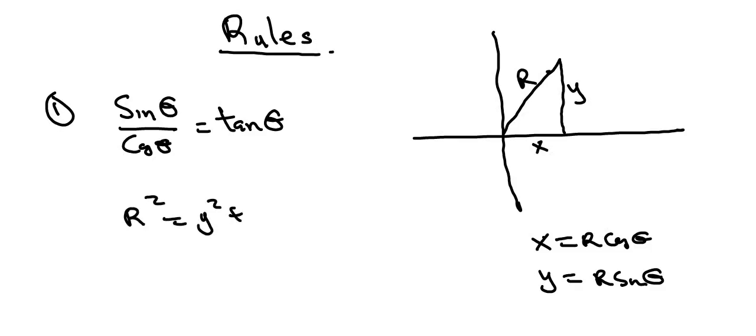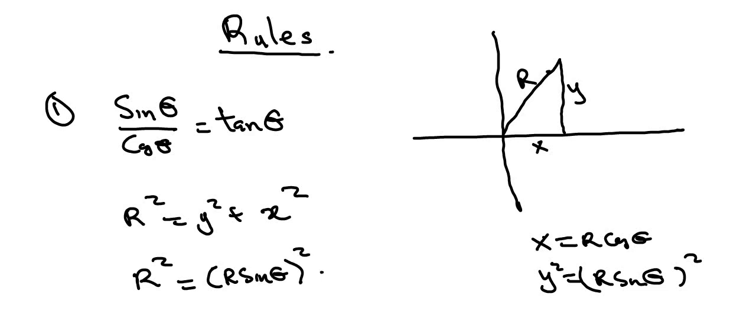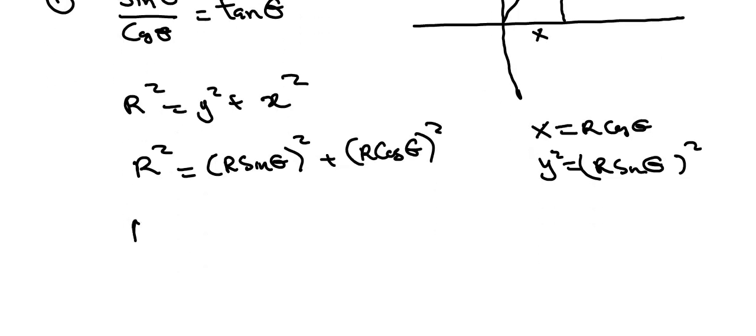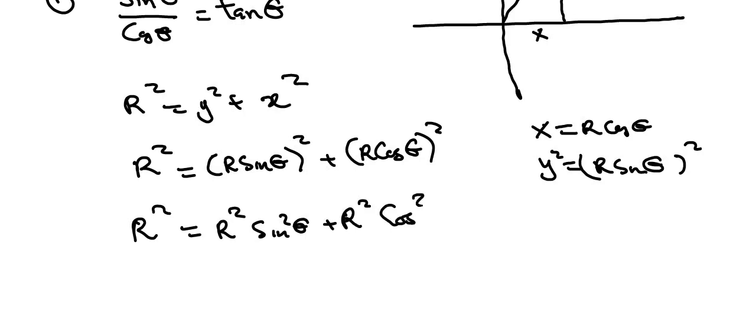From here, you know to say R squared is the same as Y squared plus X squared, right? If I square my Y, this is going to be R sine theta, squared. Then if I square the X component, R squared is equal to R squared sine squared theta plus R squared cos squared theta.